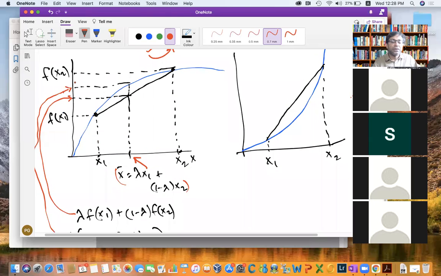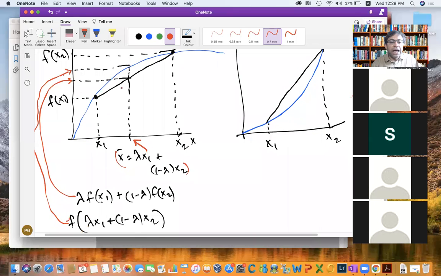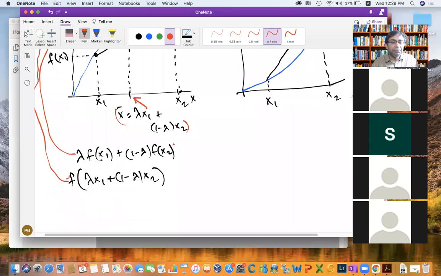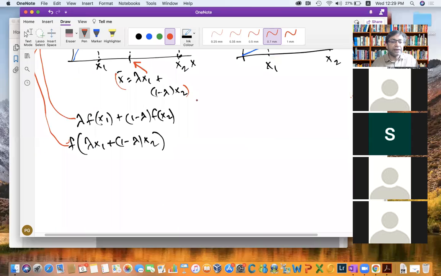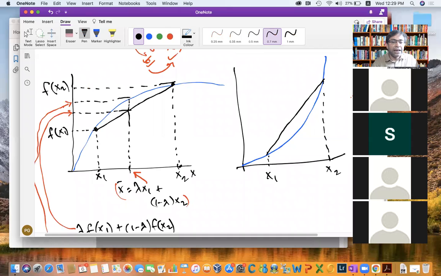So to say that the line lies below the graph of the function basically amounts to saying that this object is less than that. So if I take the average first and then put it inside the function, then I get some higher magnitude than if I first put the x1s and x2s inside the function and then average it.